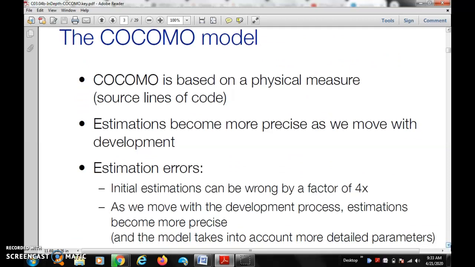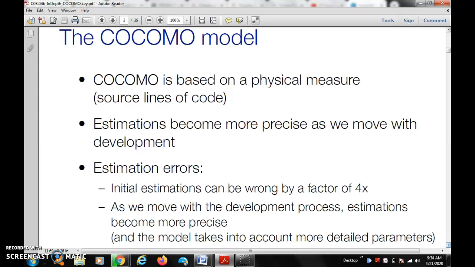The COCOMO is based on physical measures; in 1981, it was physical measures only. How many projects, how many lines of code, how long the execution takes, source lines of code, like that it is counted. But estimates become more precise as we move with development.